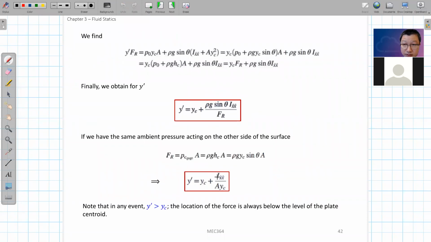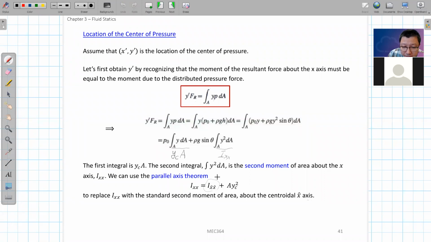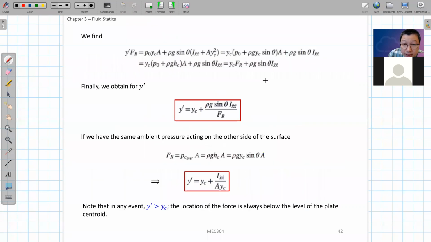To do that, we just substitute this into here, because this is Ix. So we can get further. This is what we substitute into it, and by doing that we can further rearrange it.